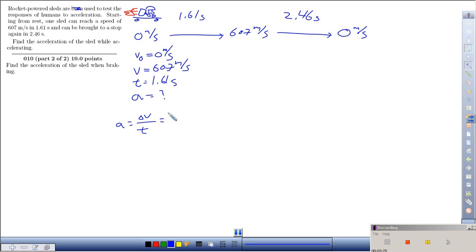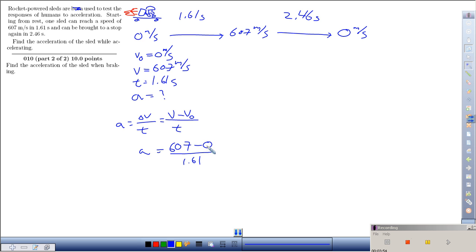My change in velocity is my final velocity minus my initial velocity, divided by time. Here my final velocity is going to be the 607, because for this part of the problem I'm going from 0 up to 607. Minus my initial velocity of 0, and all of that divided by the amount of time, 1.61. This is meters per second, and this is seconds.